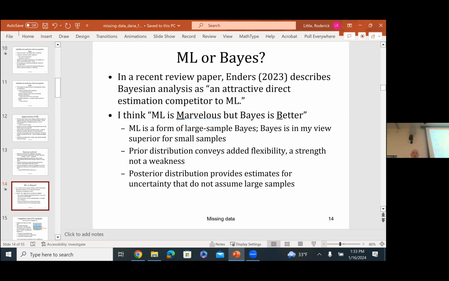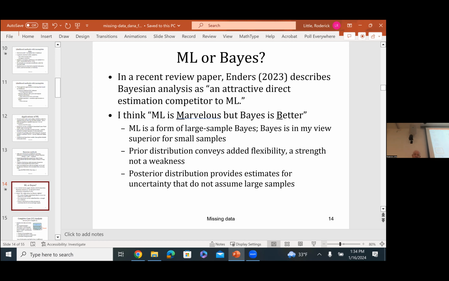You're estimating a posterior mode, so it's essentially a form of large sample Bayes. If you really like maximum likelihood, I would say you're being a Bayesian, you're just being a large sample Bayesian. But for small samples, Bayes gives you better estimates of standard error because it propagates the uncertainty, whereas the large sample standard errors you get in an asymptotic analysis don't necessarily work very well in small samples.